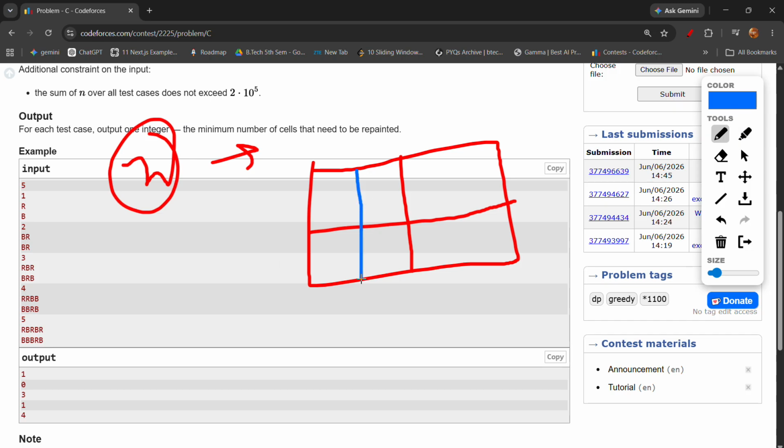But let's walk toward the next example, which says we have R, P, R, P, R, B. What's important to know about this question is that I need to understand what my options are.